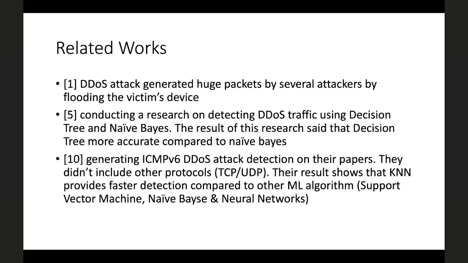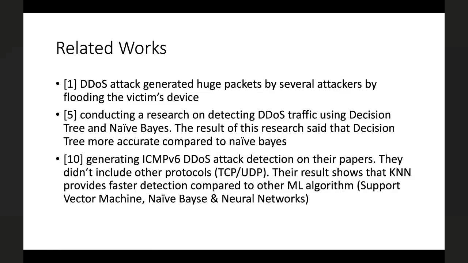In this research, we use some previous experiments. The first one, paper number 1, said that a distributed denial of service attack generates huge packets from several attackers to send a flooding package to the victim device.